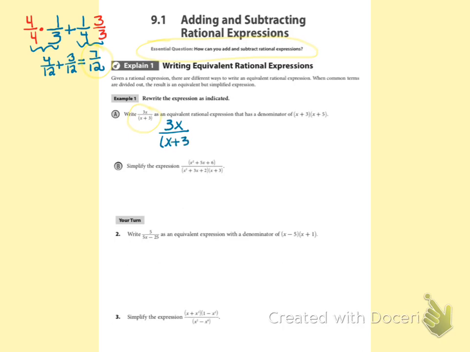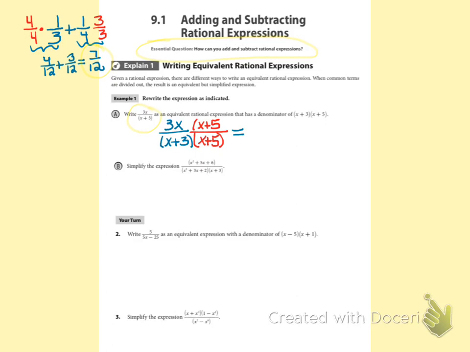So we would want to multiply by an x plus 5, and we know that to keep the fraction equivalent, we have to do the exact same thing to the top. Again, that's what it looks like when we're trying to change a denominator to get a common denominator. This will be the process we'll use when we're adding and subtracting these expressions.